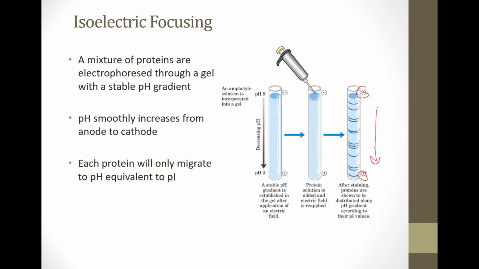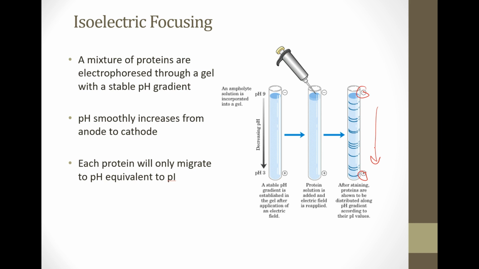Well, proteins are able to be zwitterions at specific pHs, and that's unique to the proteins themselves. So there's going to be a pH where that protein is not net charged, and when you put that protein into that pH, it can't migrate in an electric field any longer.